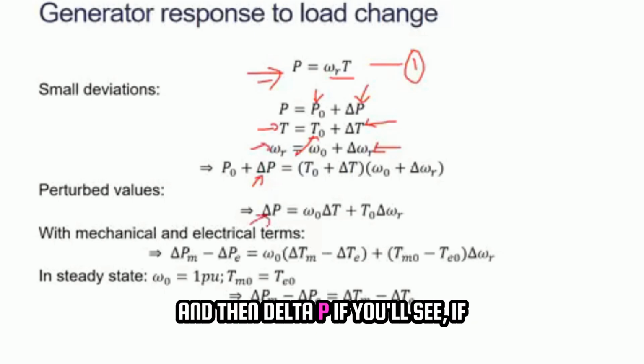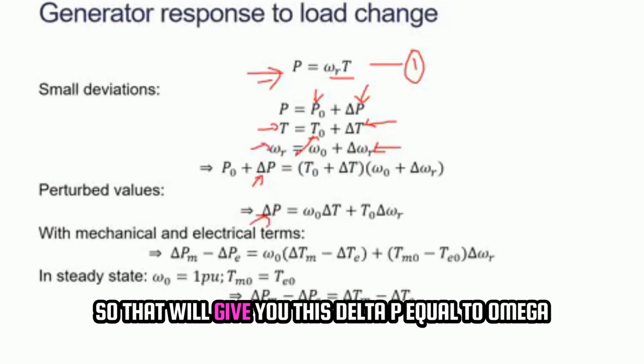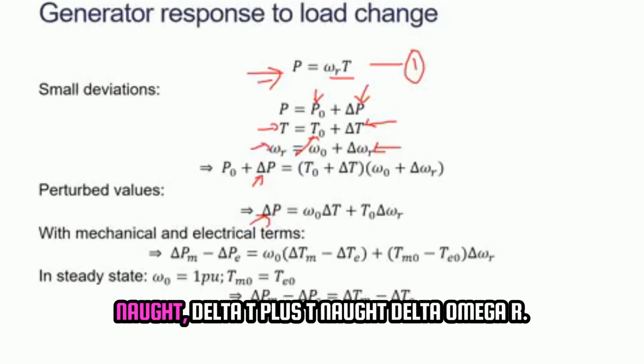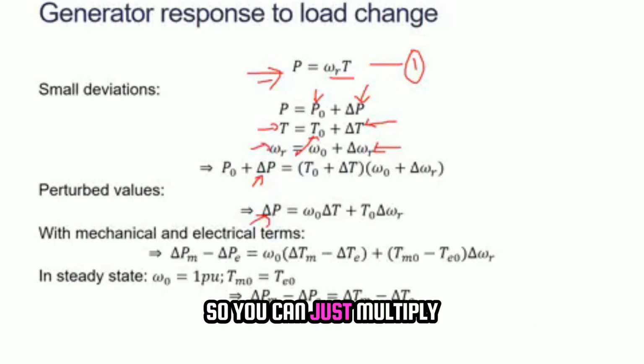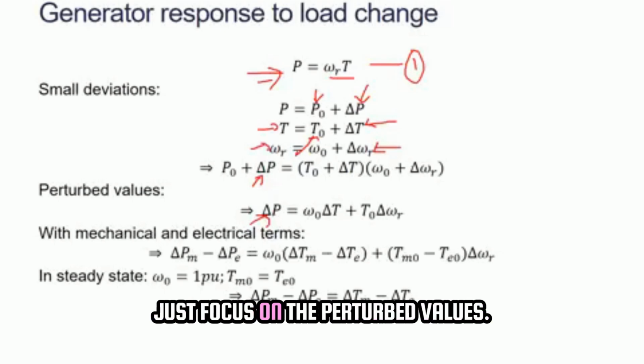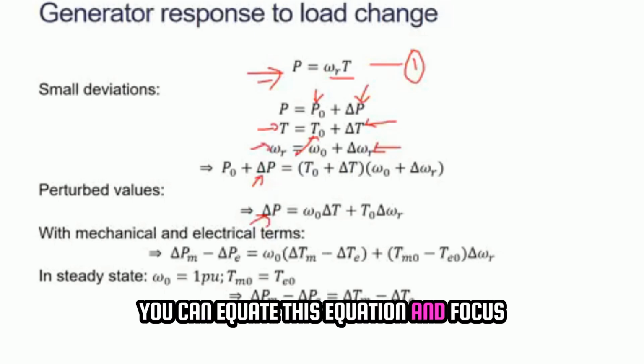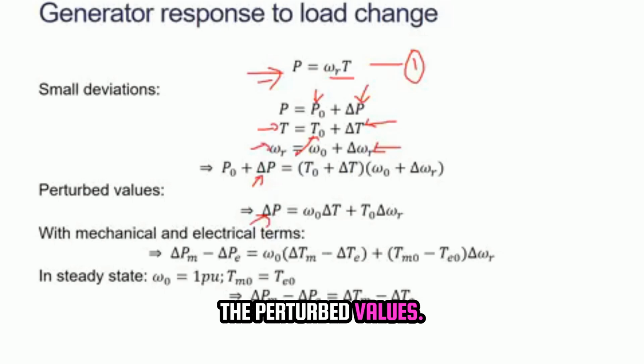Then delta P, just the derivative part, will give you delta P equal to omega naught delta T plus T naught delta omega r. Right, so you can just multiply and do these calculations. Just focus on the perturbed values.